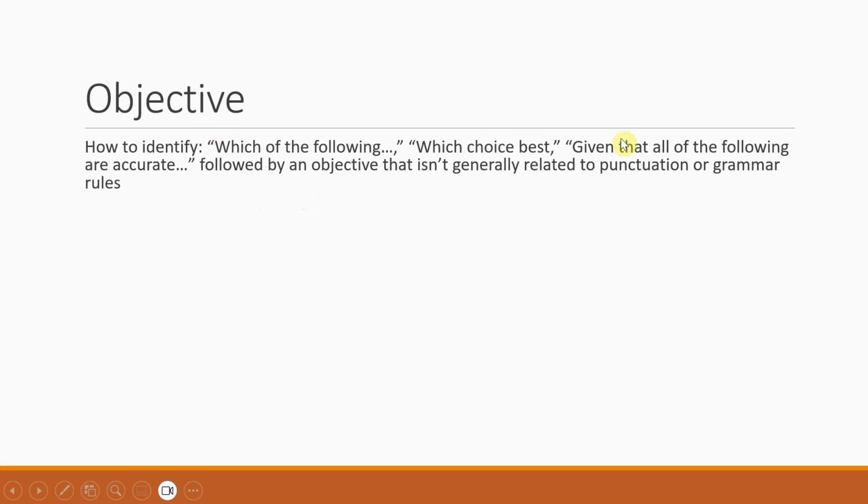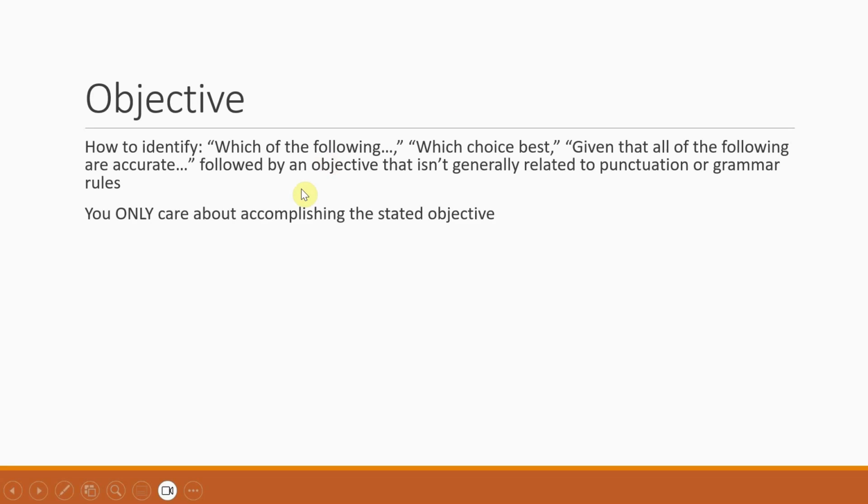So you're still going to see this for every single question type, but for these that I'm talking about, it's going to be followed by an objective that's generally just not related to punctuation or grammar rules. So that one we were just looking at for conciseness, where they say which one is least redundant, well, that's a grammar rule. But if they ask us something just kind of off the ballpark, just really strange, that's an objective question.